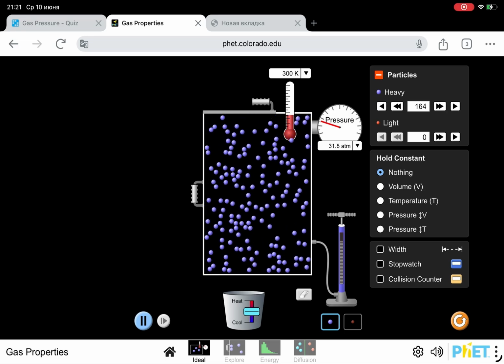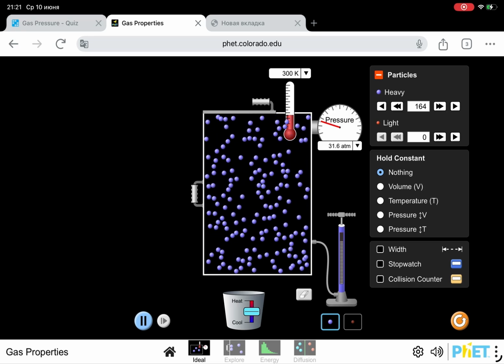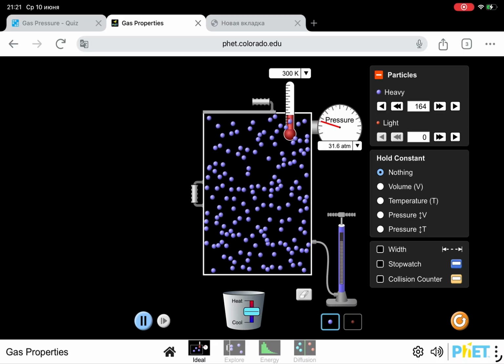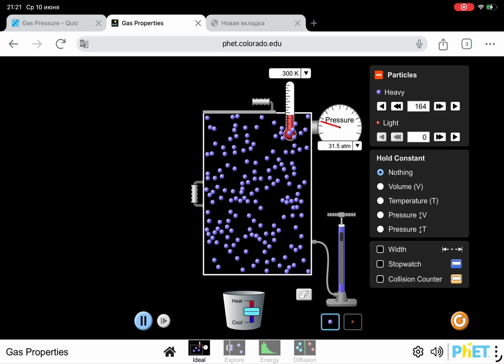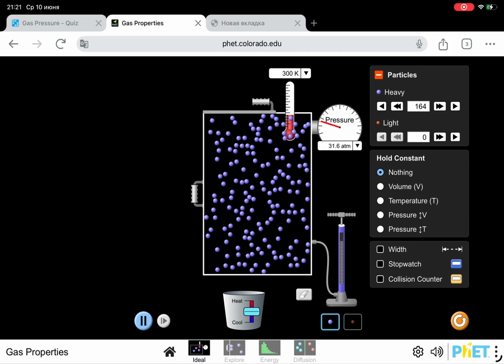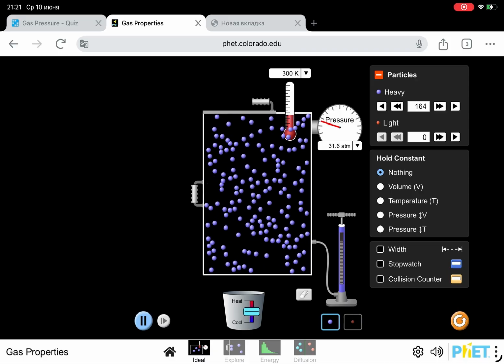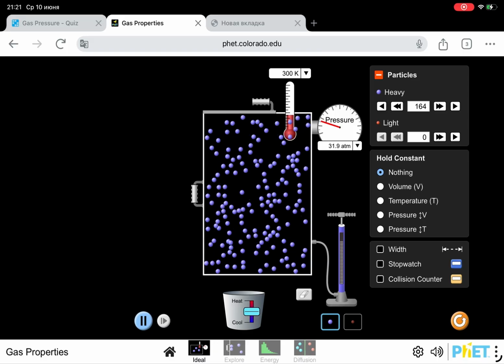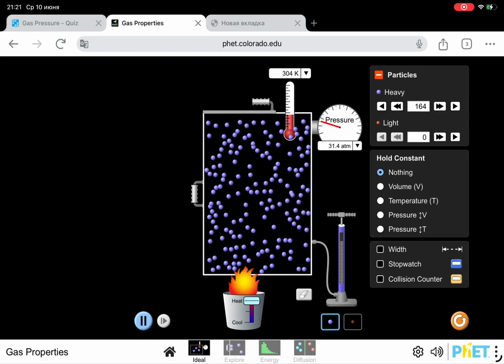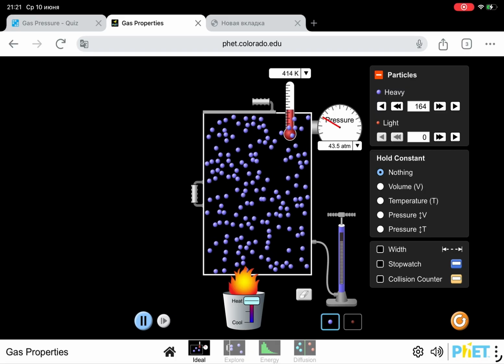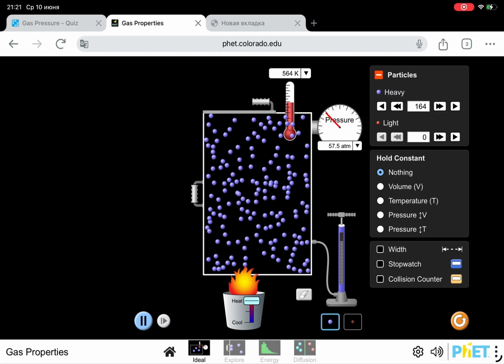But we could also change the kinetic energy. How do we do that? We have to increase the temperature of the particles, which increases their speed, which leads to more collisions, and we increase the pressure.